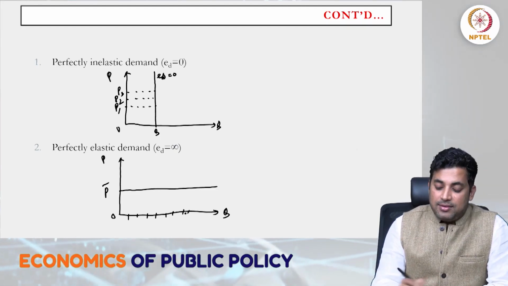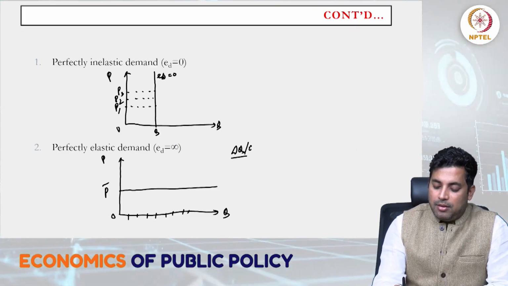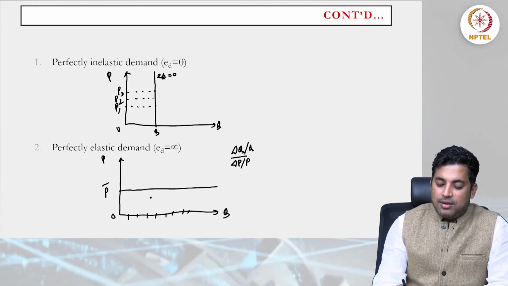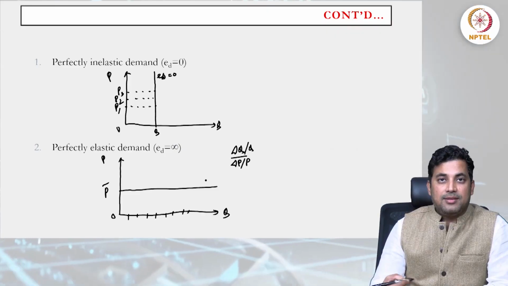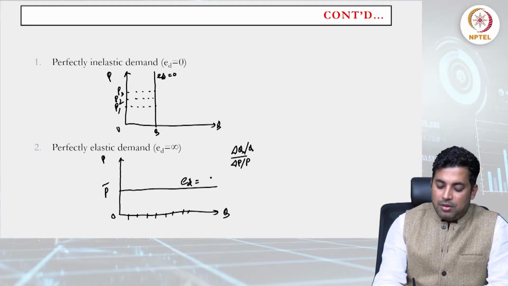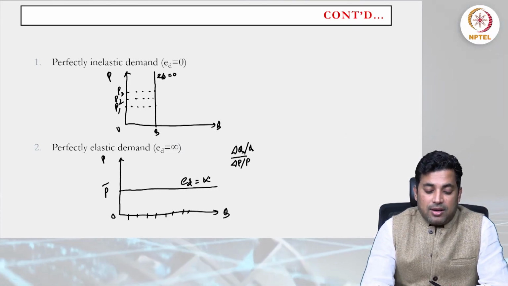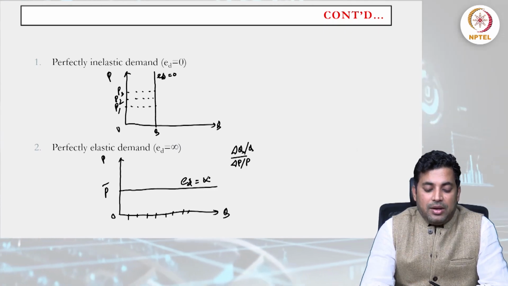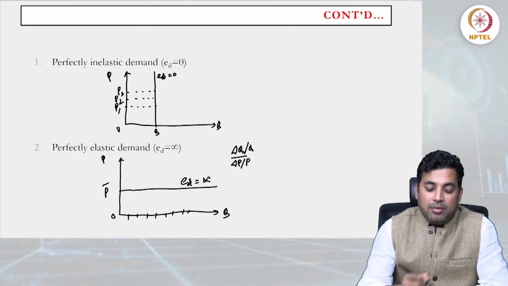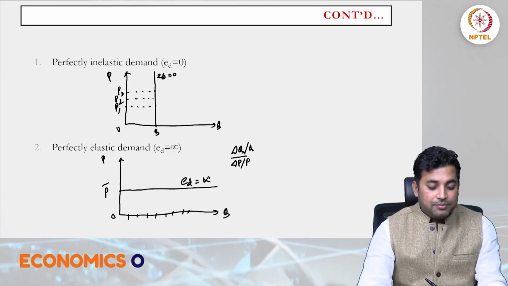So the change in price is 0, like delta Q by Q and delta P by P. If the rate of change in the price remains 0, then elasticity becomes infinity, which is a horizontal straight line. In case of perfectly inelastic demand, where elasticity equals 0, the demand curve is a vertical straight line.